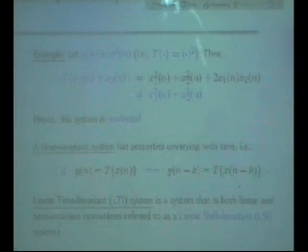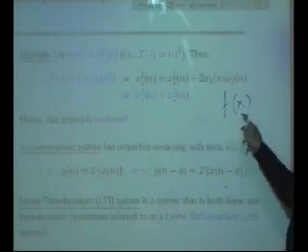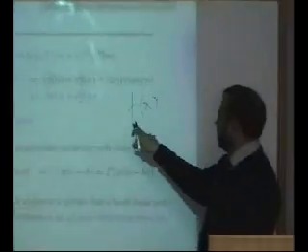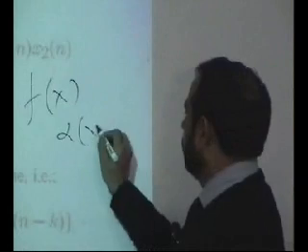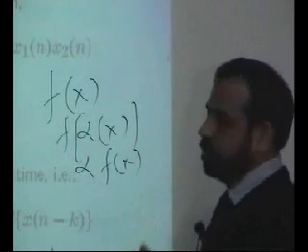You give two conditions for linearity, scaling and additivity. Is there any system which obeys only one of them? Yes, there could be operations where a system will obey additivity, but it will not obey scaling. To put it in a mathematical form, f of x is a function of x, and you say f of alpha x, you get this.